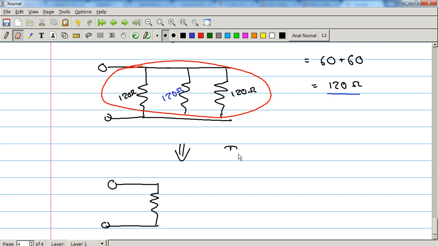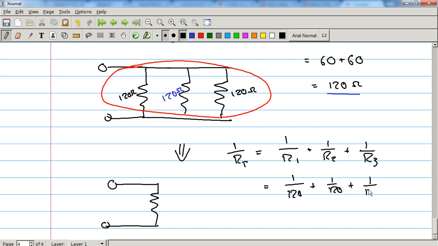And so this is in parallel, so 1 over RT is 1 over R1 plus 1 over R2 plus 1 over R3. Write down the equation first. I do that so that I always remember what equation I'm doing. Helps me better keep track of the variables. So 1 over 120 plus 1 over 120 plus 1 over 120, and I'll just skip the math here.